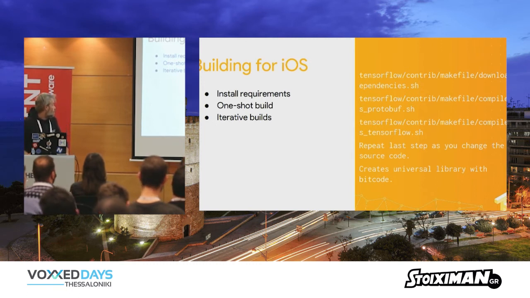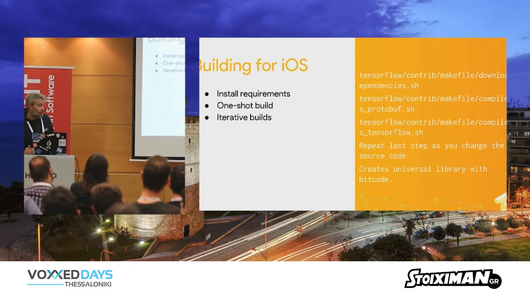Iterative builds, what you need to do. At the end, you have a universal library implementing TensorFlow in all of its architectures plus bitcode. It means that if you're going to make any changes in the steps before, you need to refresh and rebuild every single step.